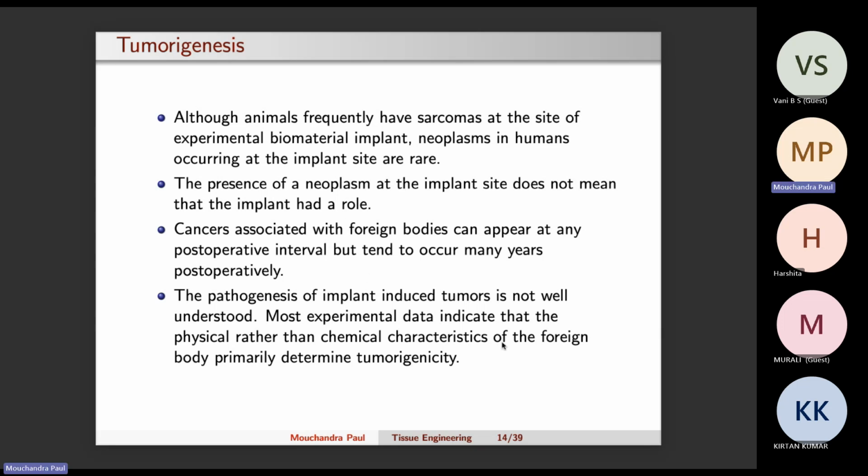Then you also have to explain why the tumor formed, and what characteristics of your implant induced it. That pathogenesis is complicated and not very well understood, but from the experiments, people suggest it is the chemical components of your implant which generally contribute to the formation of the tumor rather than the physical characteristics.